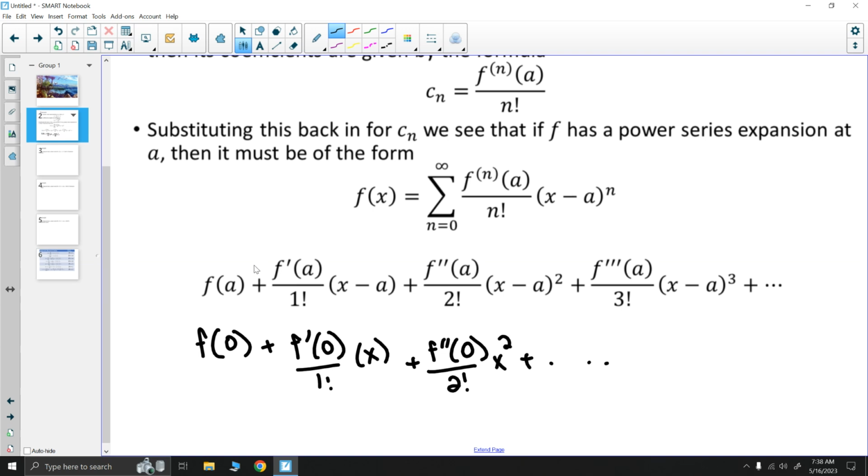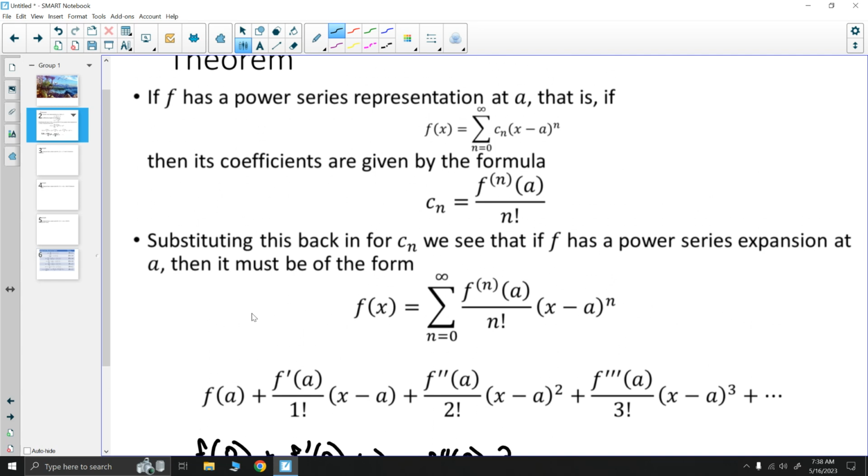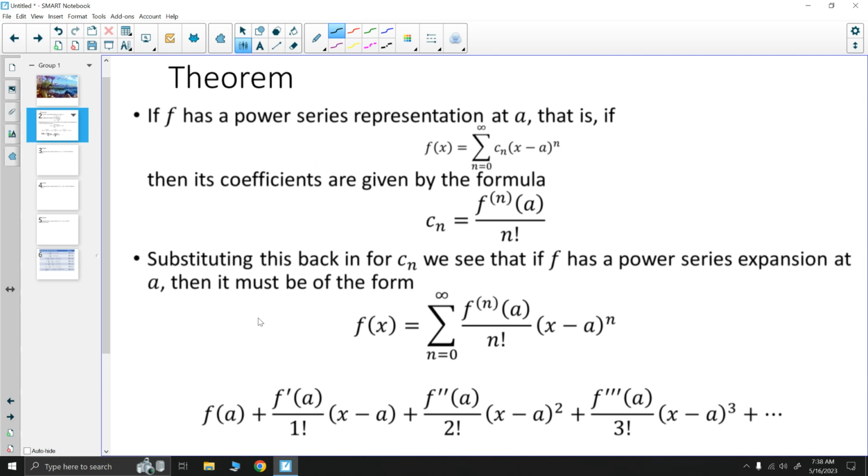So again, this is the Taylor series, and this is the Maclaurin series. But we use Taylor series kind of interchangeably with the two. This could be described as a Taylor series, since this is a Taylor series when a is 0. It's just specifically a Maclaurin series as well. Now, one of the challenges of this, which I'm not going to go into, is actually proving that f has a power series expansion.